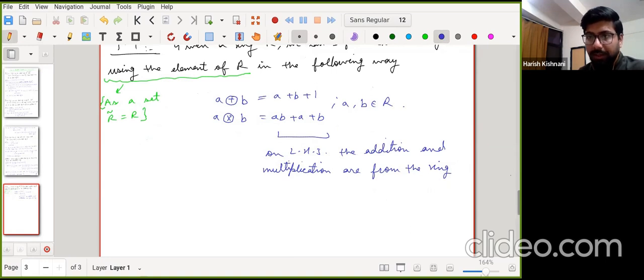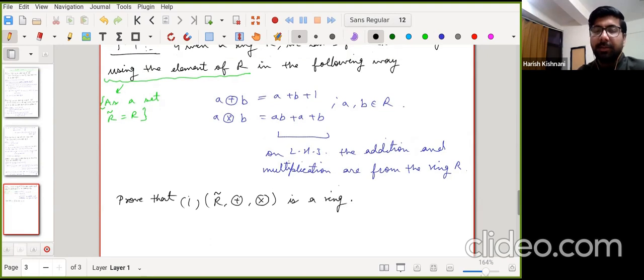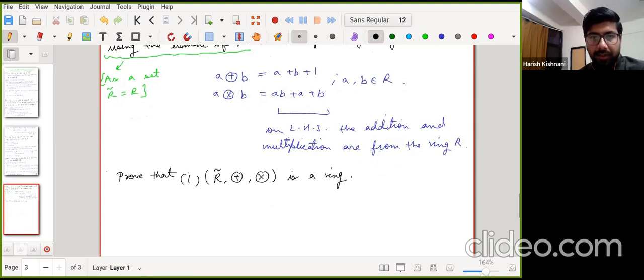We have to prove that before saying that it's a ring. So the first thing is to check whether it's a ring or not. Prove that R tilde with this new addition and multiplication is actually a ring. And again, by ring I mean a commutative ring with unity. We will also see that.